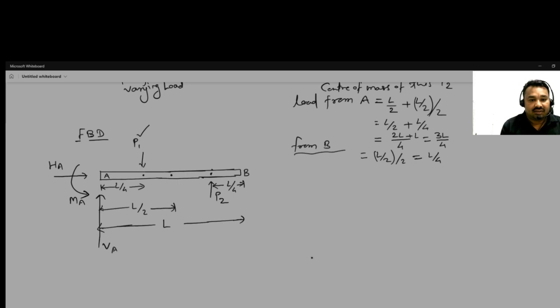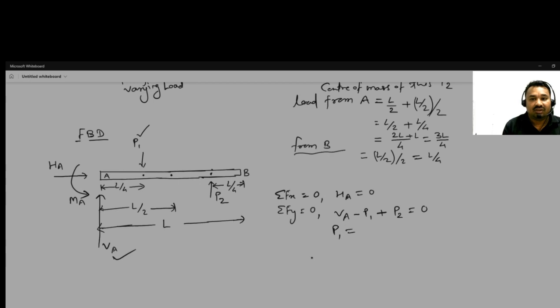Okay, so what is the next step? Satisfying the equilibrium conditions, summation of Fx is equal to 0, and there is only HA, no other load is there to counter this, so HA is equal to 0. And summation of Fy is equal to 0. Then VA in positive direction, P1 negative direction, P2 positive direction is equal to 0. And what about P1?